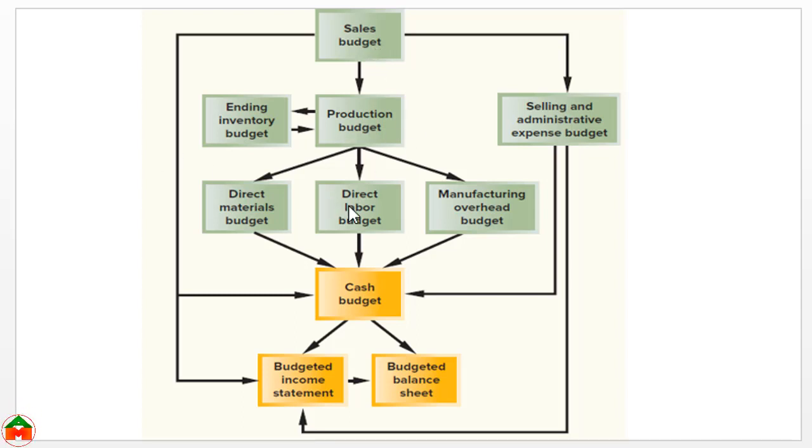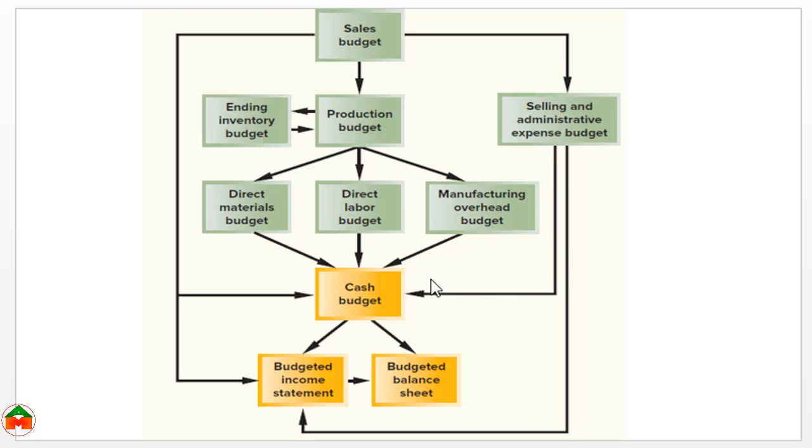And in the second tutorial we learned the production budget, direct material budgets with the schedule of expected cash disbursement for material purchase, then the direct labor budget, manufacturing overhead budget, and ending inventory budget.